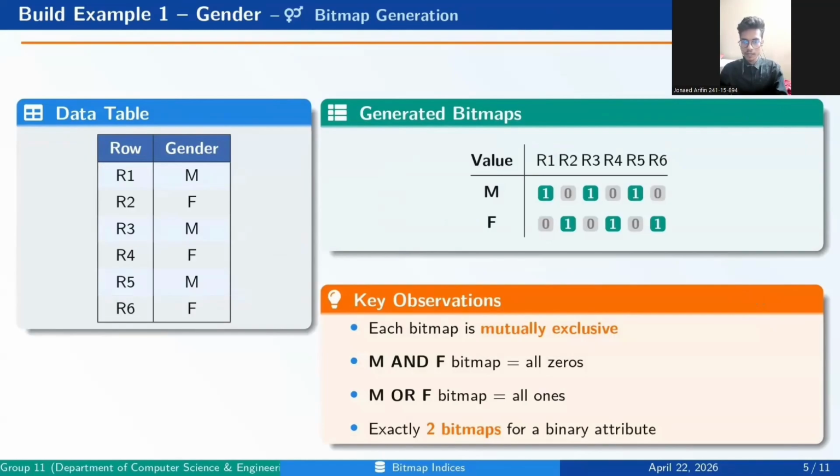Just 10 bits to represent all the gender information for the entire table. Notice these two bitmaps are mutually exclusive. They never both have 1 in the same position, and together they cover everything. Next, my teammate will show multiple examples with income level. Thank you.